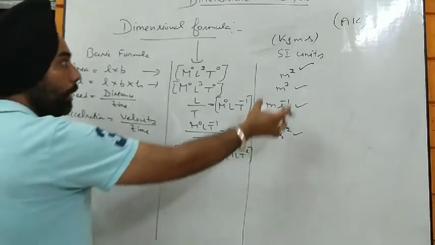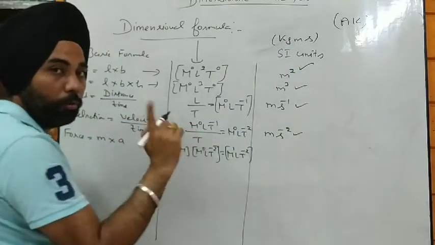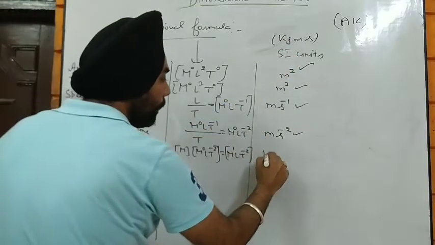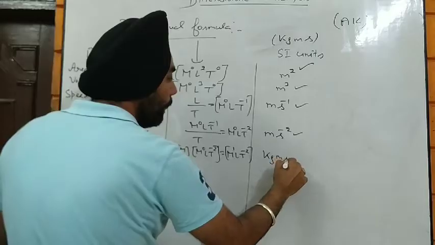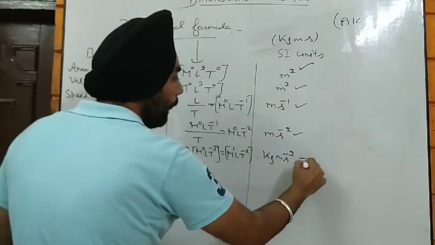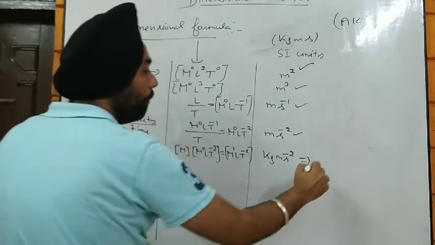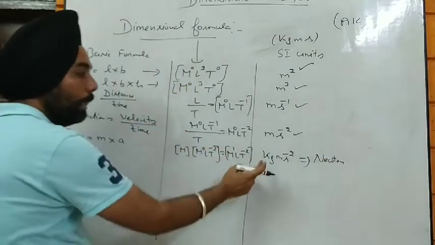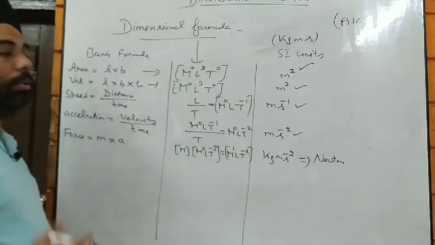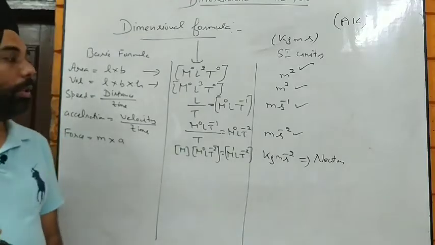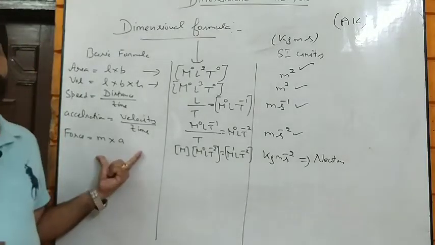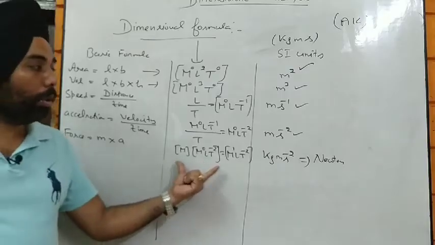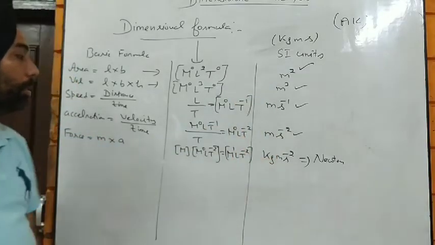So obviously the units are, because M is having power of 1, which means that is going to be kilogram meter per second squared, and that is also having a nickname of Newton. So Newton is basically kilogram meter per second squared. You can easily assess SI units. If you know the basic formula, you can easily derive dimensional formula and you can easily derive SI units.